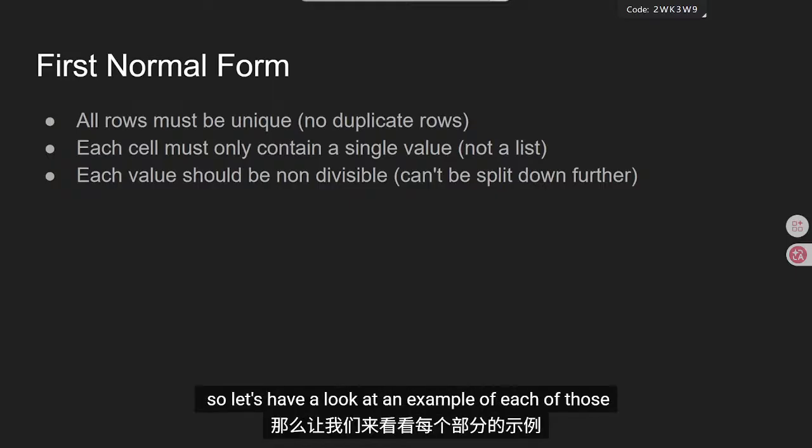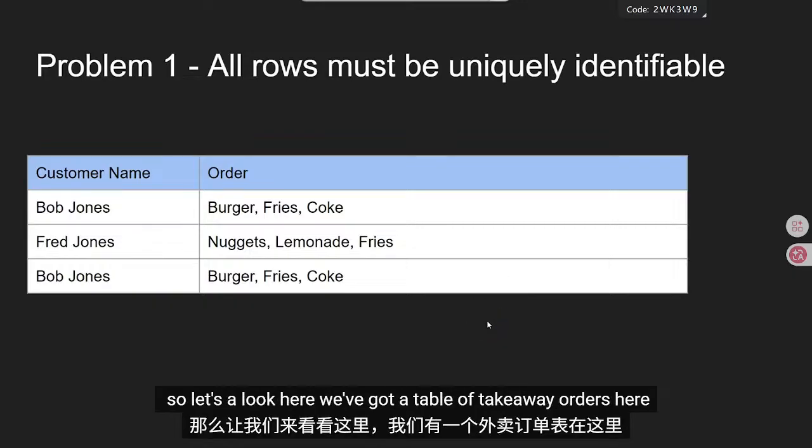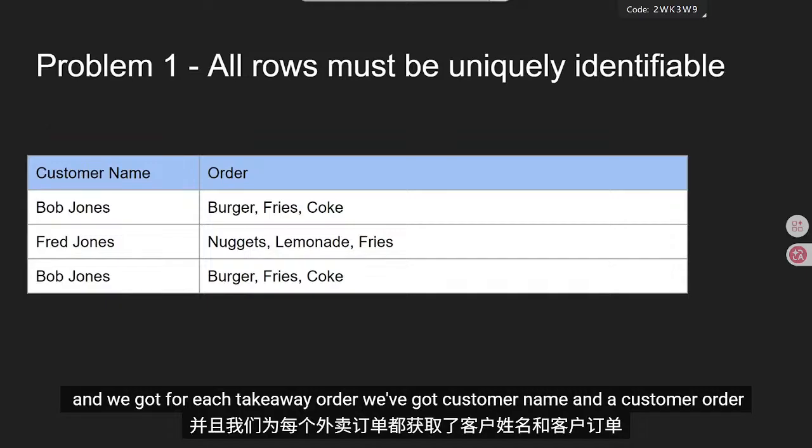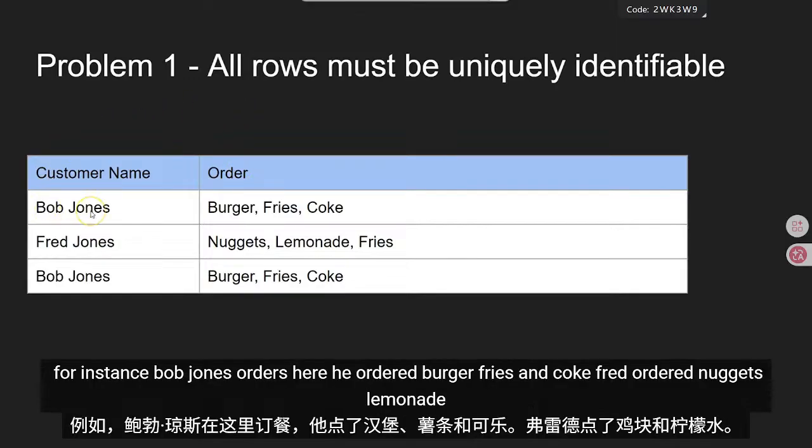So let's have a look at an example of each of those. Each row must be unique. We've got a table of takeaway orders here, and for each takeaway order we've got a customer name and a customer order. So for instance, Bob Jones ordered a burger, fries and Coke.